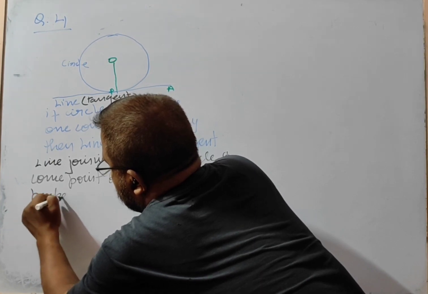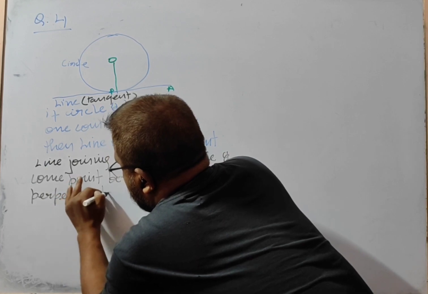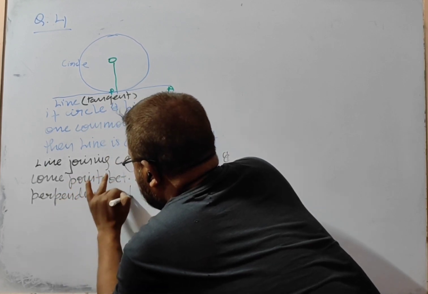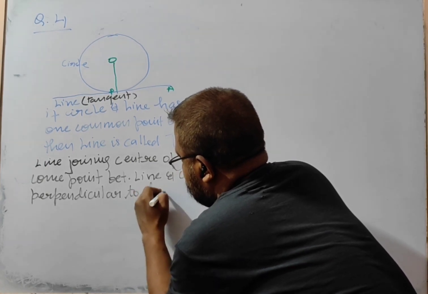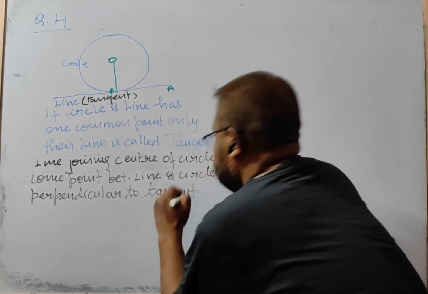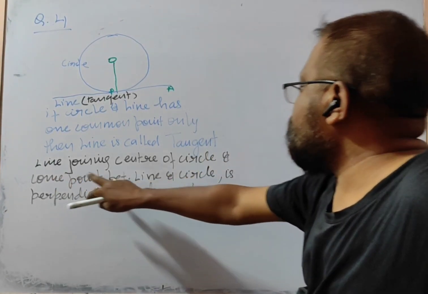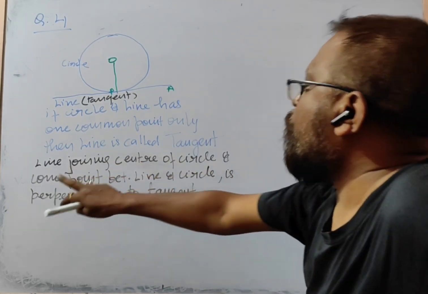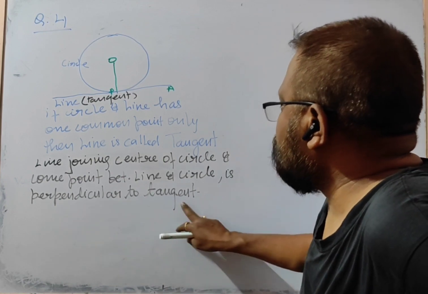Perpendicular to the tangent, right? So the line joining the center of the circle and the common point between line and circle is perpendicular to the tangent.